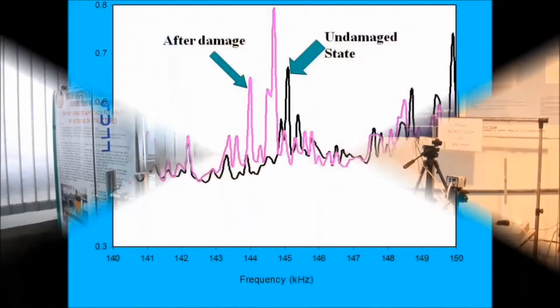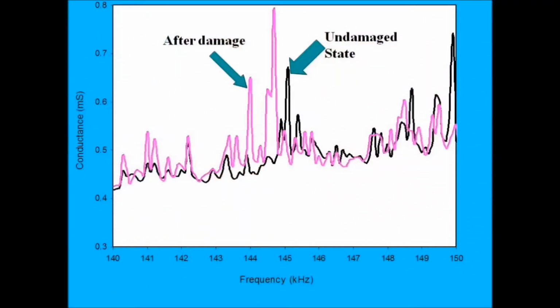Now considering an I-section beam in the pristine stage when it is not damaged, and after damage, in the damage stage, what we did, we created a hole of 5 mm diameter in the flange of the beam, and we took the conductance signature of the piezoelectric patch in the undamaged state and the damaged state.